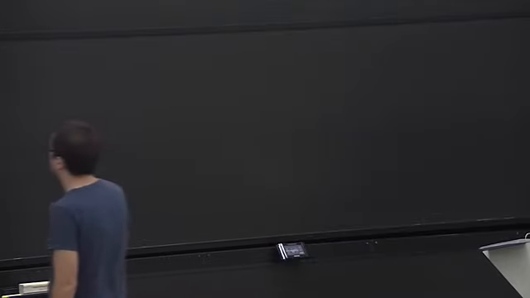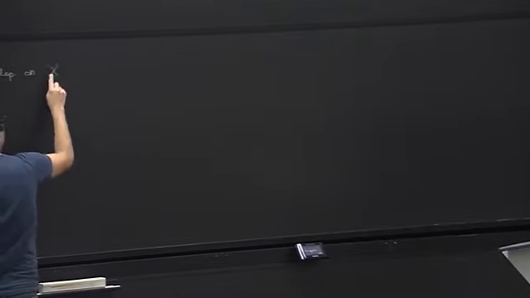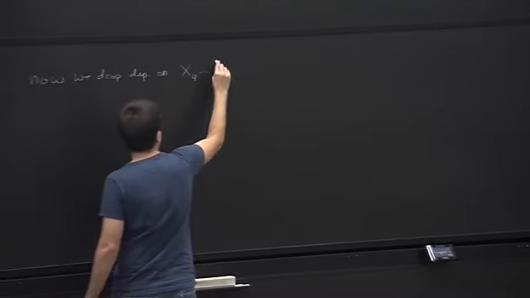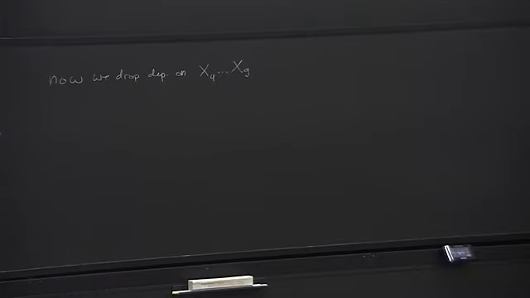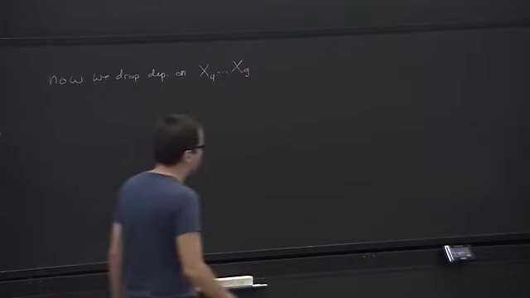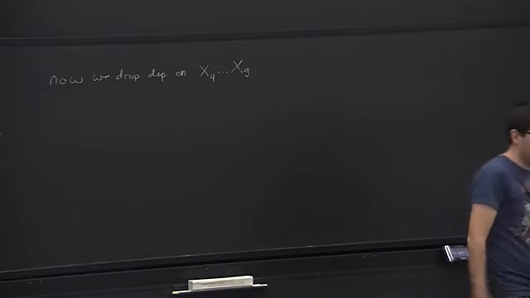So now, next, we drop the dependence on these 6-dimensional coordinates, on x4 up to x9. So our fields only depend on x0 up to x3, the 4 dimensions on the brane.